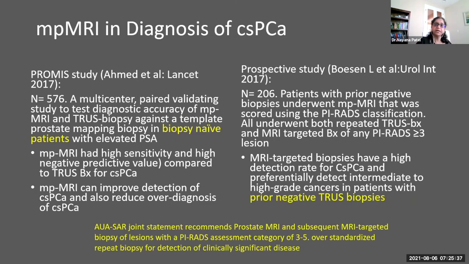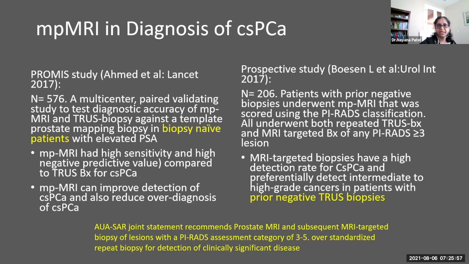So we have level 1 evidence and strong support to use multiparametric MRI for the diagnosis of clinically significant prostate cancer. The common standard is to use transrectal ultrasound guided biopsy for diagnosis of prostate cancer.